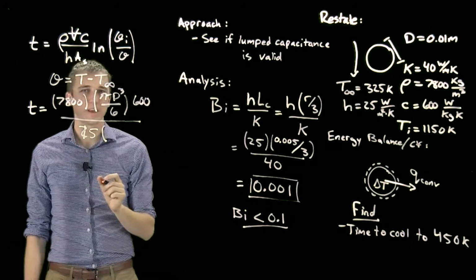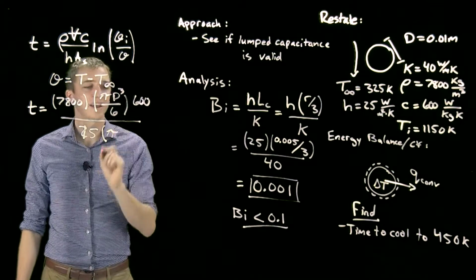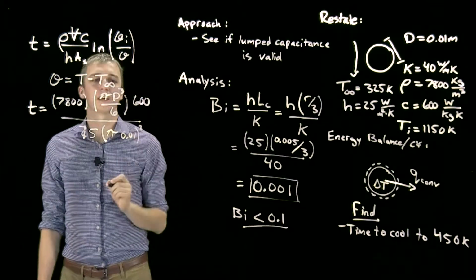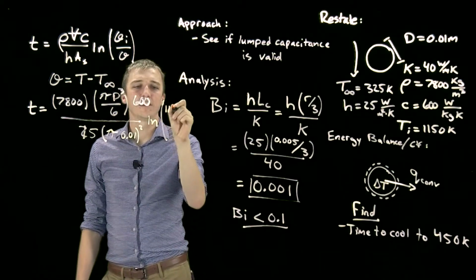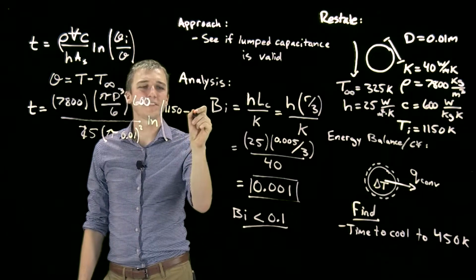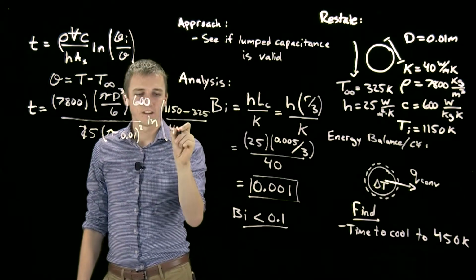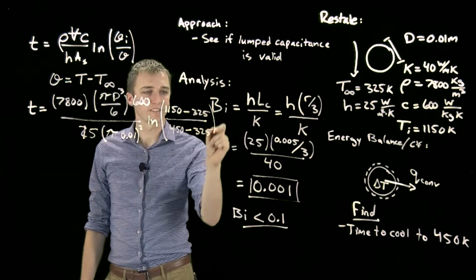And that is multiplied by the surface area of a sphere, which is pi times d squared, 0.01 squared times pi. That times the natural log of theta i, or 1150 minus 325, divided by theta, or the temperature we're trying to get to, 450 minus 325.